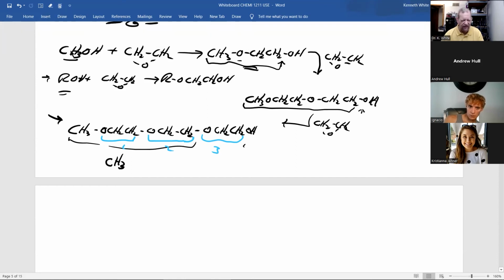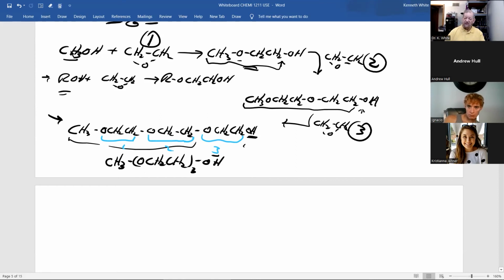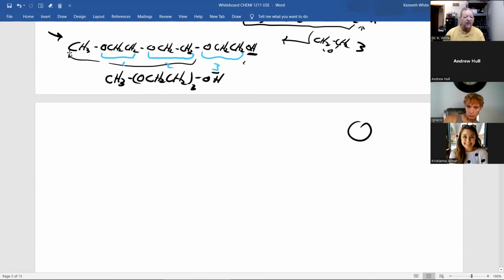Another way of writing this molecule would be this. How many repeating units? 3. Then we have this hydroxyl group on the outside. And that's how you do it. Ooh, 3. I added 1 mole of ethylene oxide, 2 moles or molecules, 3. Ooh, that's interesting. And why? Because this is the next reaction.